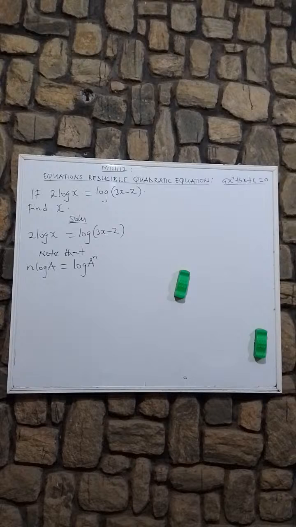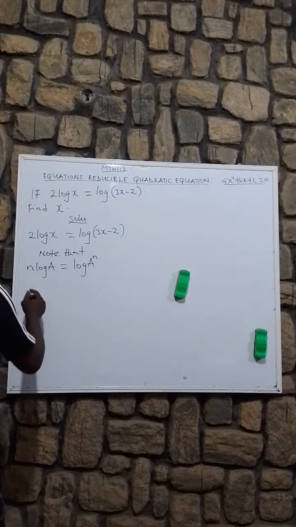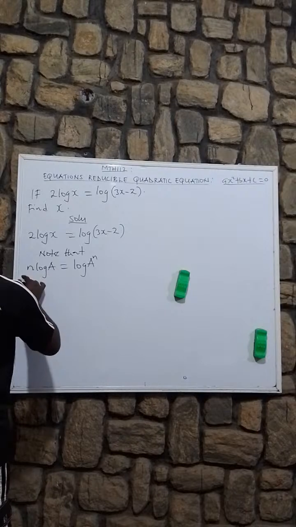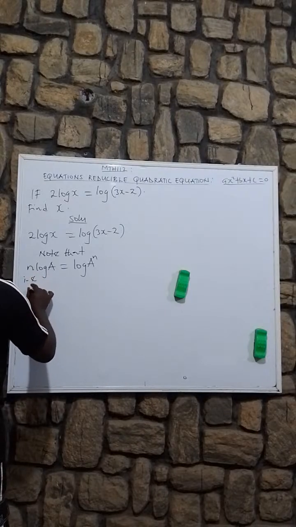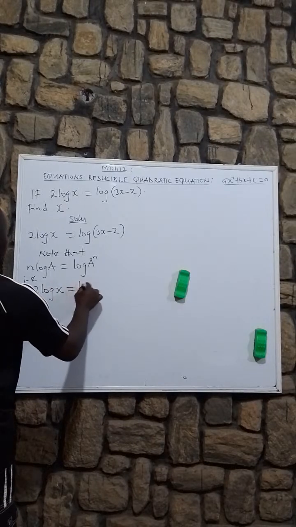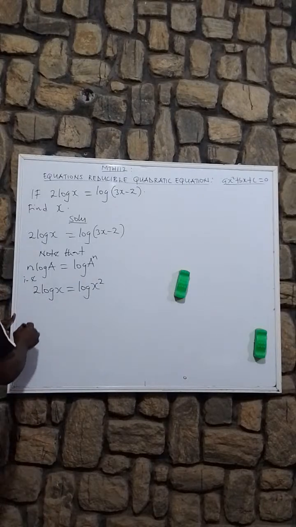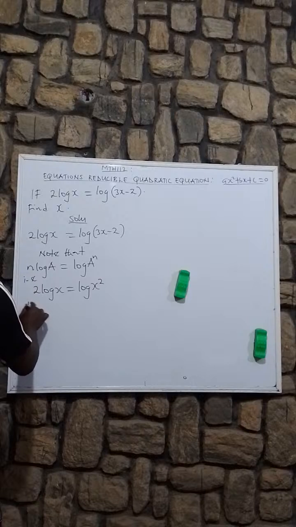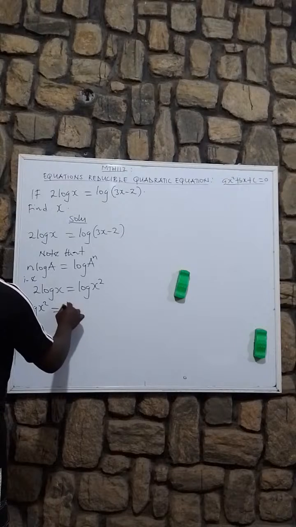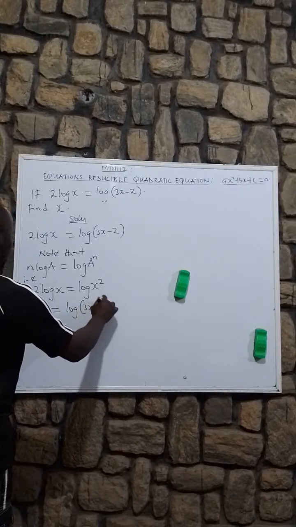Okay, so let's proceed. If you agree with me, 2 log x is equal to log x raised to power 2. So here we now have log x raised to power 2 is equal to log (3x minus 2).